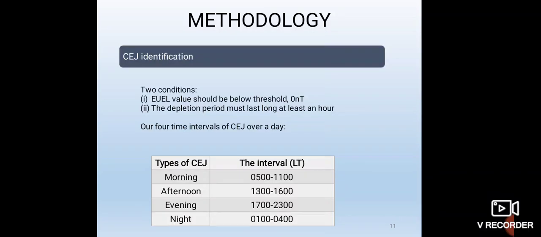First, EUL value should be below 0 nanotesla and the depletion period must last at least 1 hour. Most of past studies define time interval for CEJ types differently. However, those intervals are within the range 6 to 18 local time. In this study, we decided to use the following interval, including the night time, to classify types of CEJ.